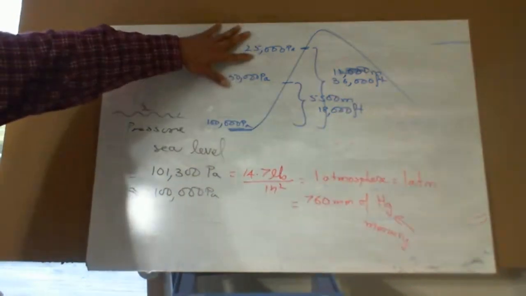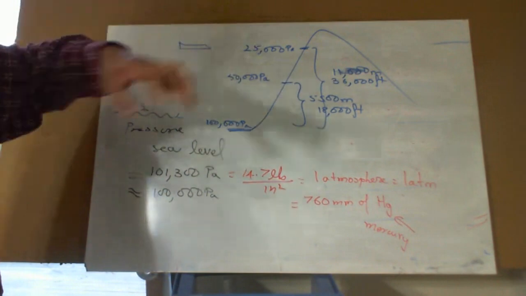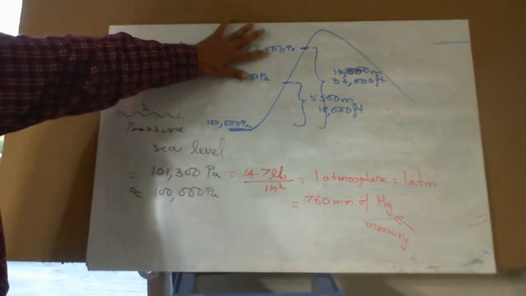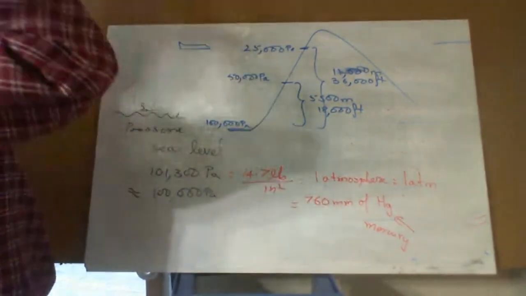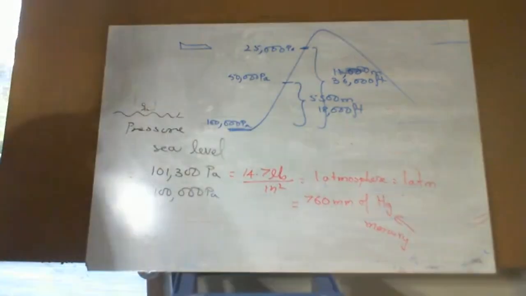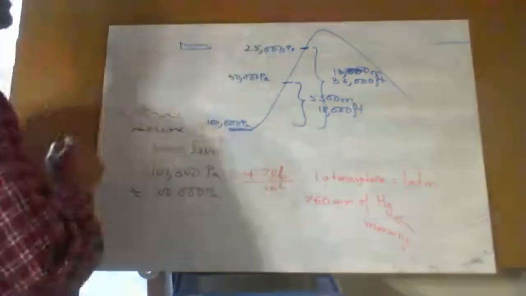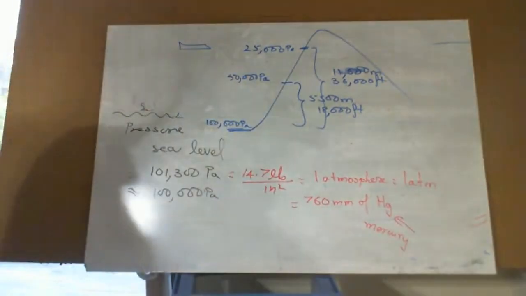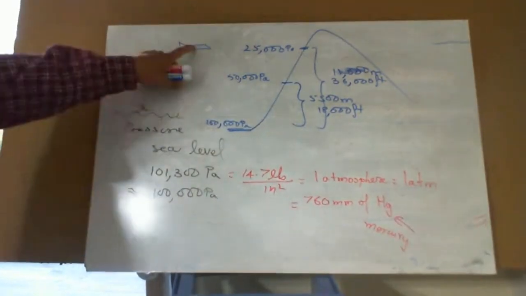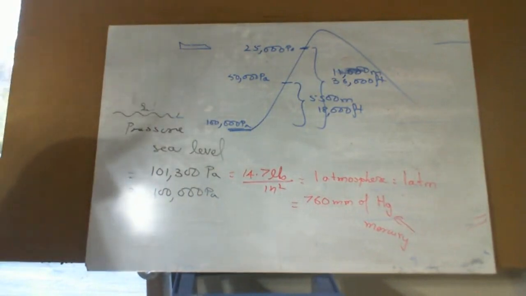Here the pressure is very low, so the blood in your lungs cannot get oxygenated. So you begin to pass out, because once your brain is starved of oxygen, you pass out. So the pressure drops by 25,000. That's why they pressurize the cabin, so that the pressure inside the cabin is about 100,000 pascals.